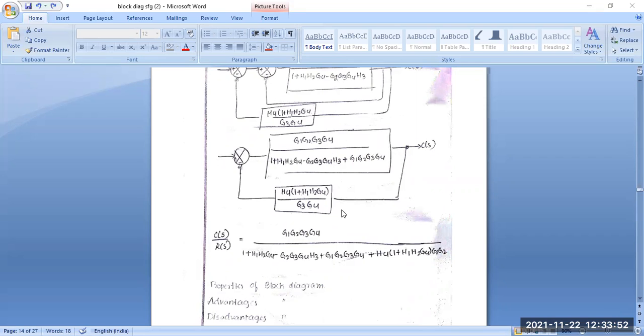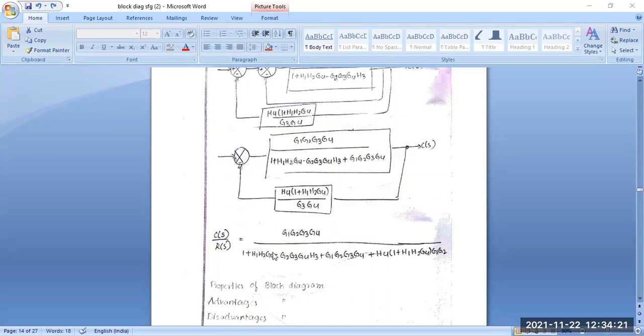The formula is G by 1 plus GH. Here G is the transfer function block, and H is the feedback path also. So we can easily apply these rules. That means this is the total block G, and these are the H, that means G and H. So we have to apply the rule G by 1 plus GH.